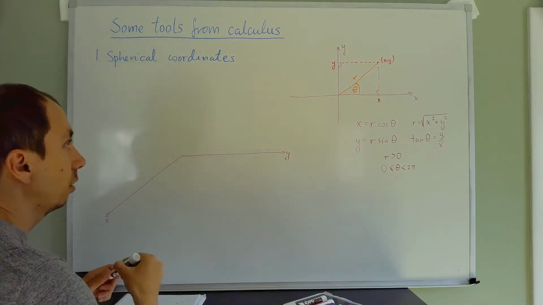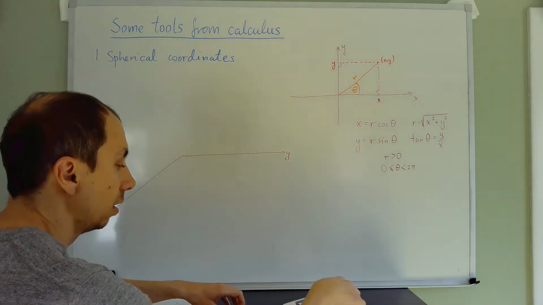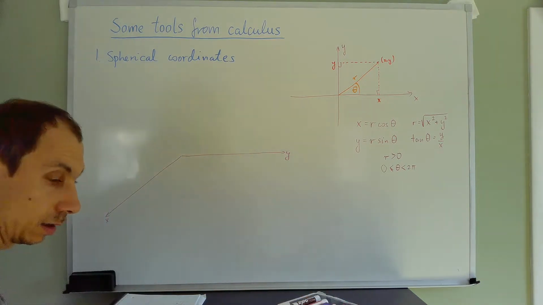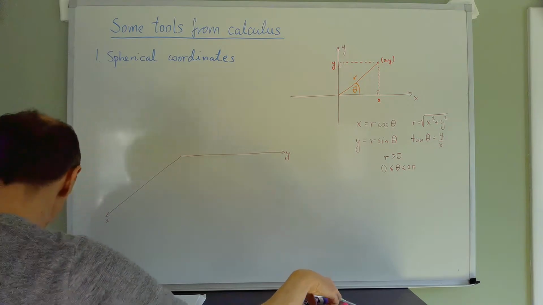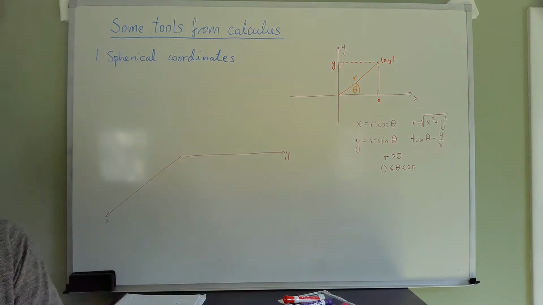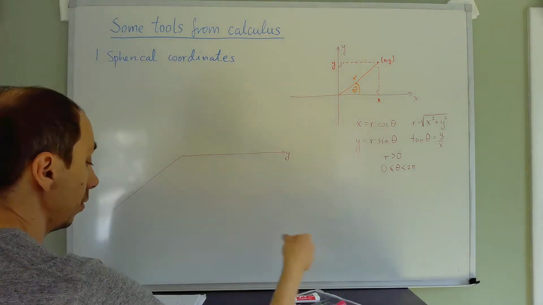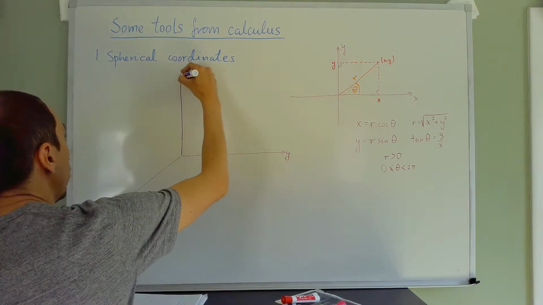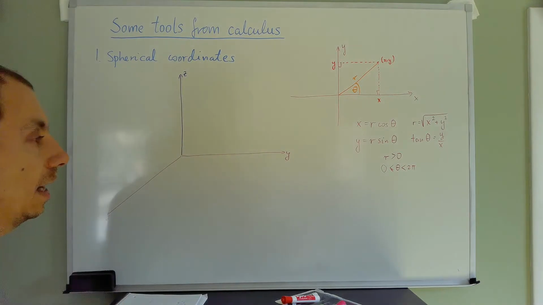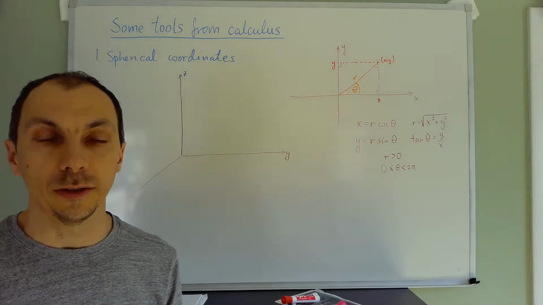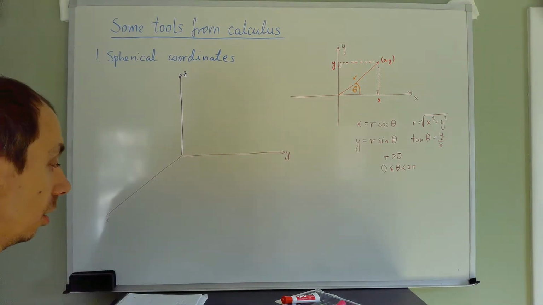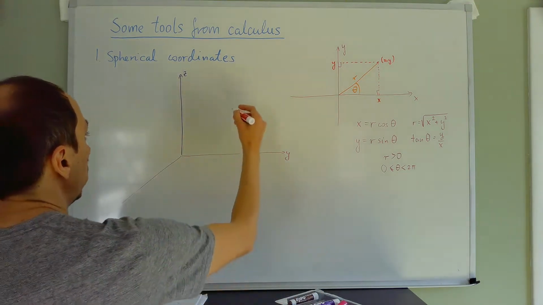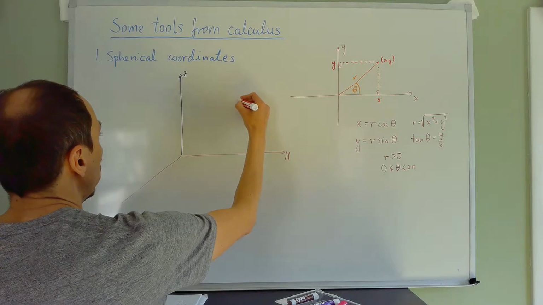And on top of this, we build another axis here, namely the z-axis. Of course, the axes also go towards negative values, but just for clarity of the picture, I'm only drawing these positive directions. So suppose I have a point x, y, z somewhere here.